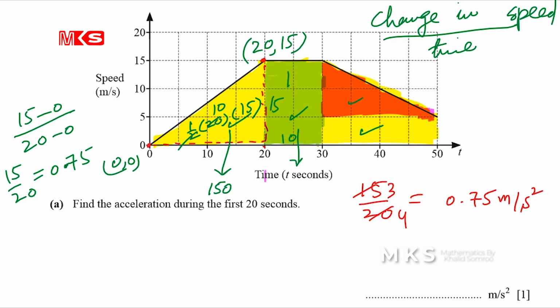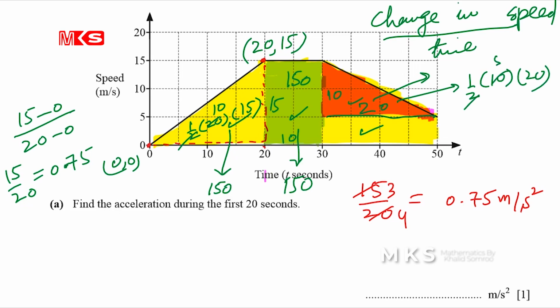This will also be 150. And in this triangle we have base from 30 to 50, which is 20. Height is 15 minus 5, so it is 10. So its area will be half times 10 times 20, so 100.